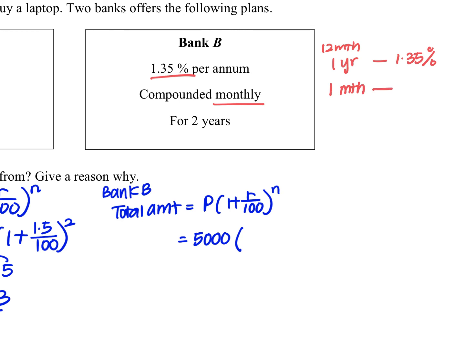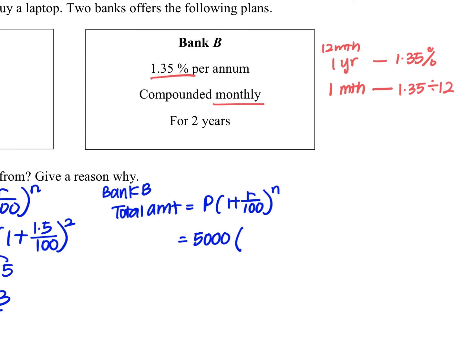Am I going to multiply by 12 to get 12 years, or am I going to divide by 12 to get 1 month? So in this case, I'll take 1.35 divided by 12. Now, I'm not going to work out the number because sometimes it may have decimal numbers, and if I were to round it up, the answer may not be accurate. So I'll leave this as 1.35 divided by 12.